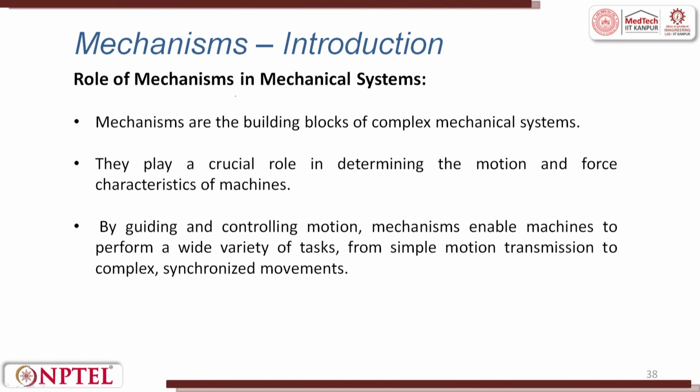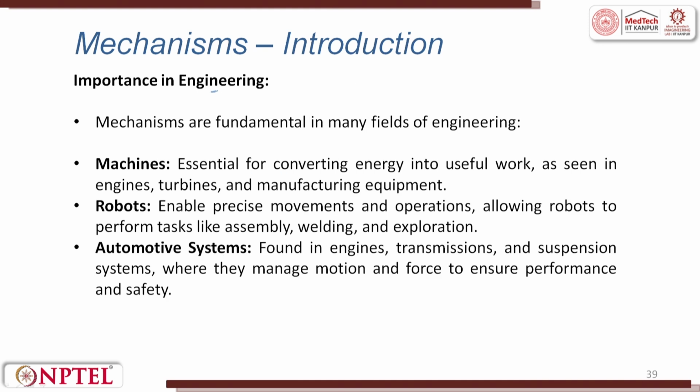So, now under mechanisms, the role of mechanisms in mechanical systems. Mechanisms are the building blocks of complex mechanical systems. They play a crucial role, as discussed. By guiding and controlling motion, mechanisms enable machines to perform a wide variety of tasks. In different engineering applications, machines, robots, automobile systems, these mechanisms are extensively used.